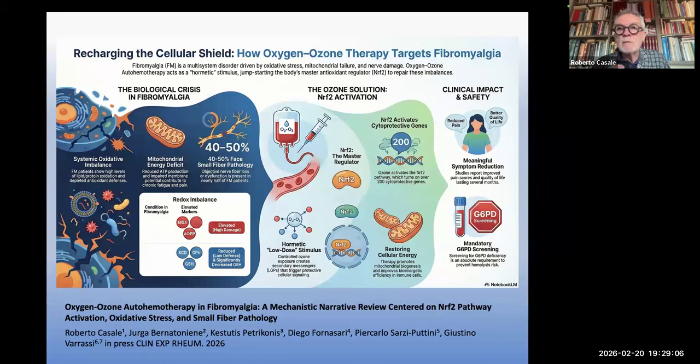Why? Without any inflammatory cause, no diabetes, no uremia, no toxic environment, no etiology, nothing. But in 50% of fibromyalgic patients, we have a neuropathy of the small fibers component of the nerve.